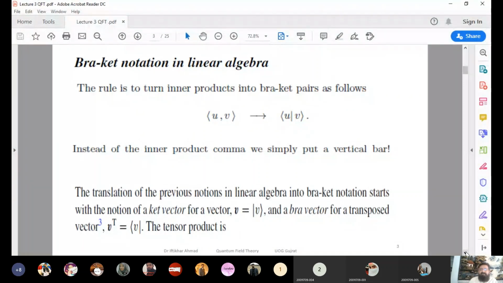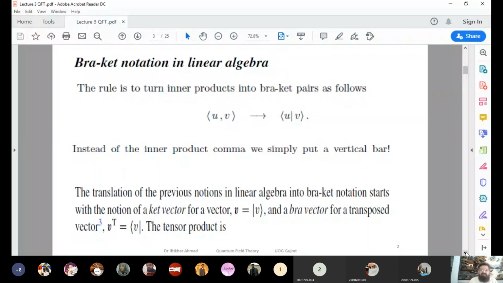Put the bracket before u, then a vertical bar, then v, and then put the bracket. This is called Bra-Ket notation, but actually we are finding the inner product; you only replace the comma with a vertical bar.